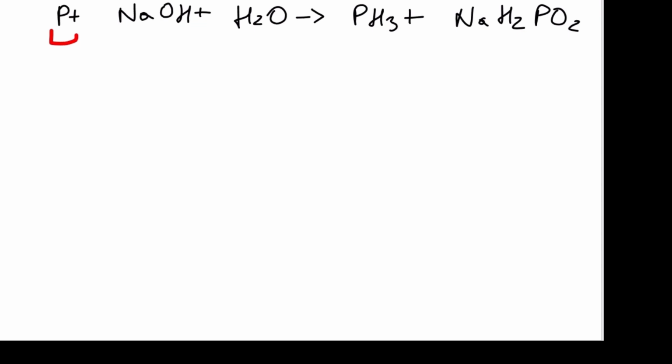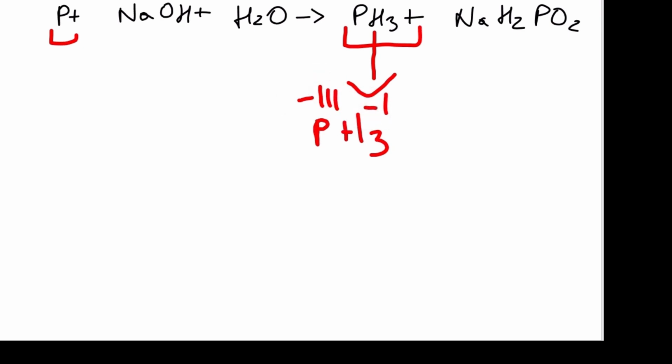Let's find the phosphorus on the right side of the reaction. In the first particle, we have a phosphorus atom. In this compound, the phosphorus oxidation state is equal to -3, because hydrogen oxidation state is equal to +1, because hydrogen has lower electronegativity than phosphorus.